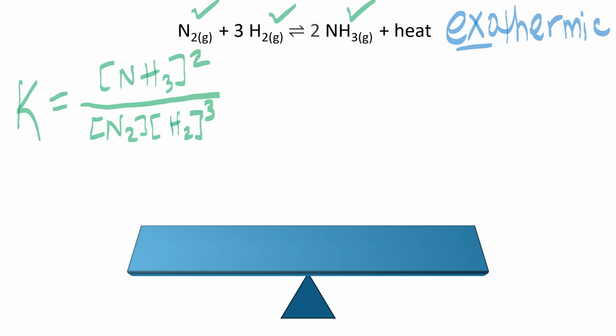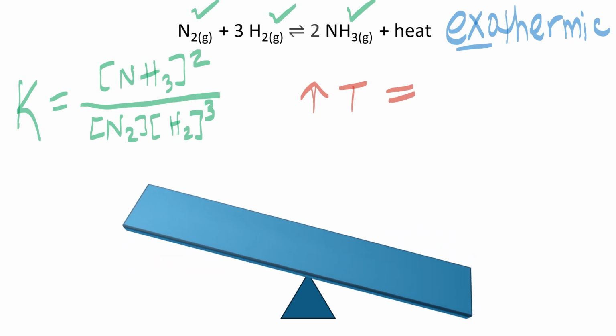So with this reaction, if we wanted to increase the temperature of this exothermic reaction, by increasing the temperature, that means that we're adding more heat. Since heat is on the product side, we're adding more heat on the product side. So that side of the seesaw goes down, the reactant side goes up. Again, it's still shifting in the direction of whatever went up.